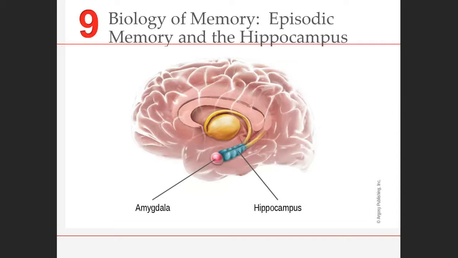And we've already seen in chapter 7 that the amygdala is an emotional memorizer. So for episodic memory, the two brain areas are the hippocampus and the amygdala.